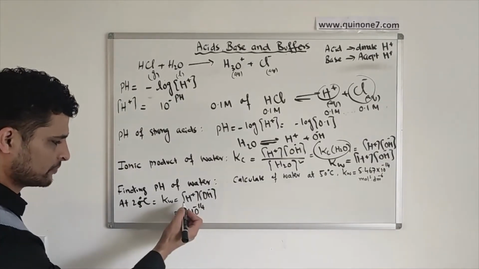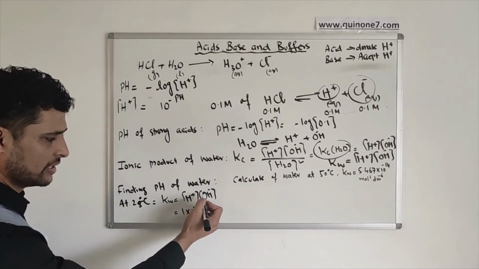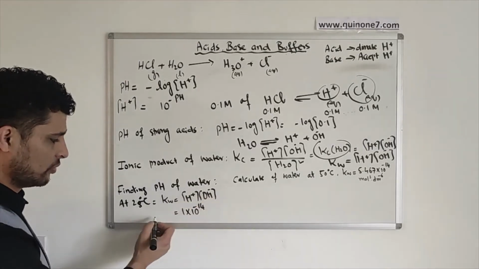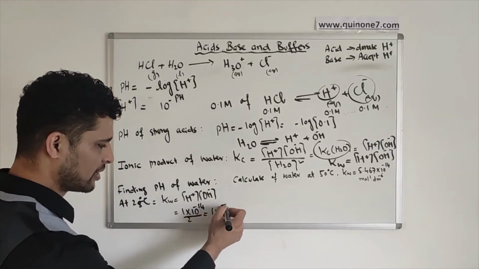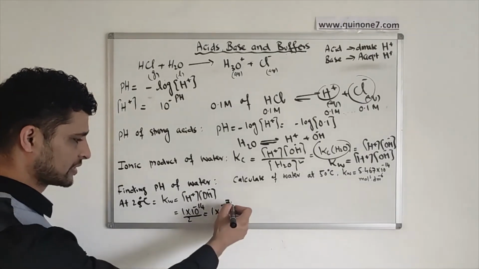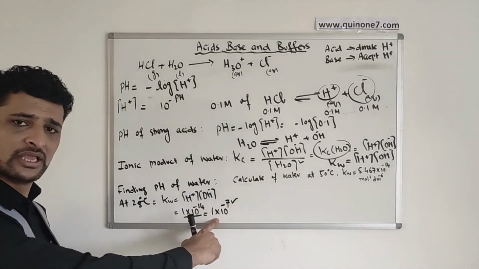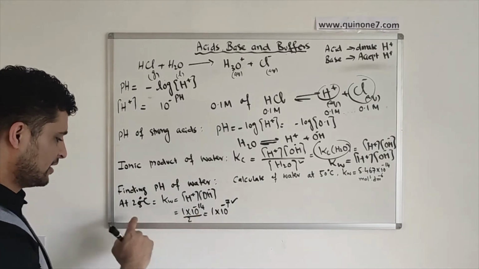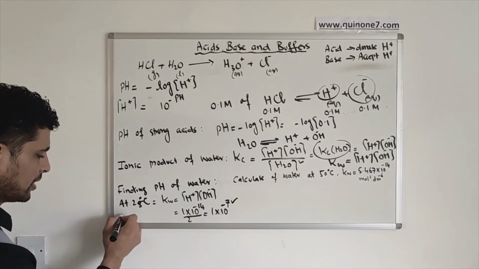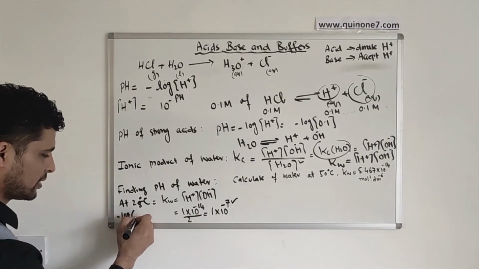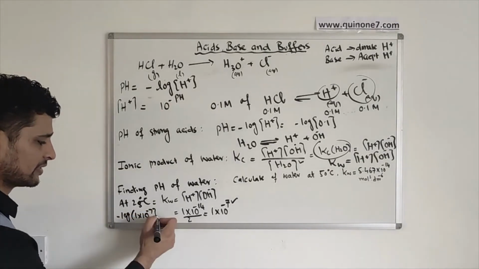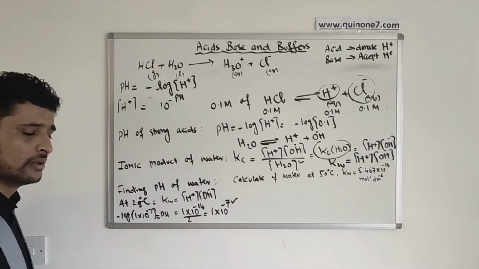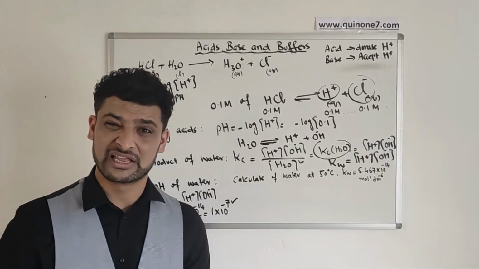Because both are in the same concentration, all you have to do is halve the exponent, so you get 1 times 10 to the power minus 7. So the concentration of H positive ion is 1 times 10 to the power minus 7. If you take the minus log of 1 times 10 to the power minus 7, you get the pH of water, which is 7, neutral.